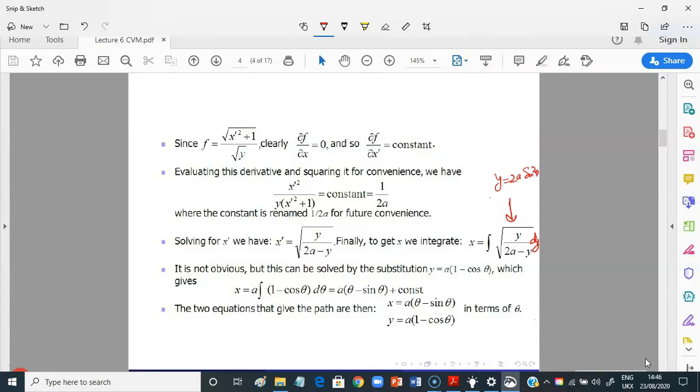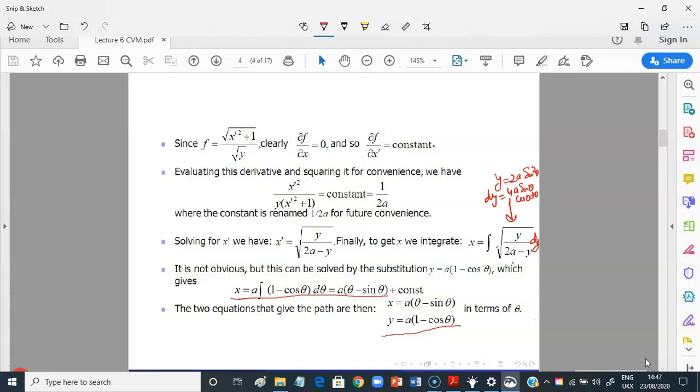In this manner, this dy will become 4a sine theta cos theta d theta, and we are substituting the values over here, and on integration we get the value of x is this, and the value of y comes out to be this.